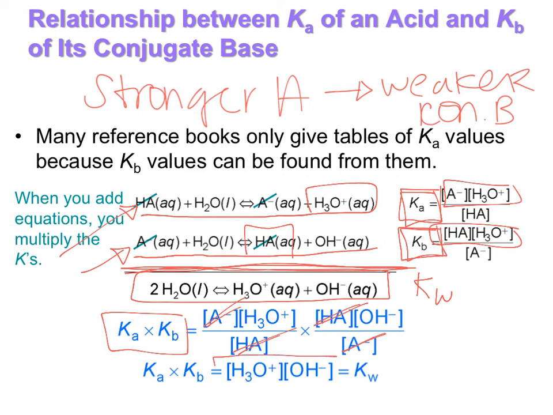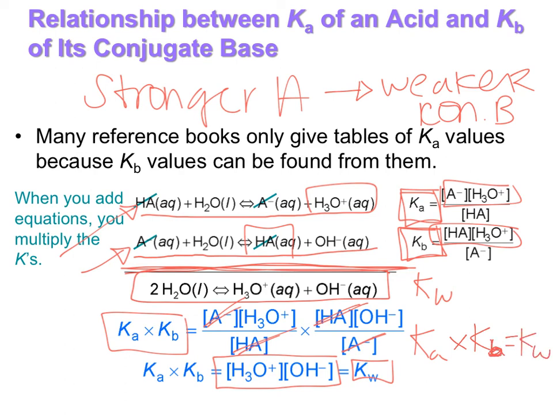What you end up with is the concentration of hydronium times the concentration of hydroxide, which also equals Kw. So now we have this relationship. The constant for the acid, Ka, multiplied by Kb equals Kw.